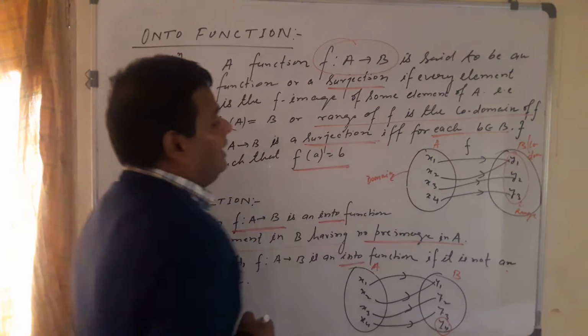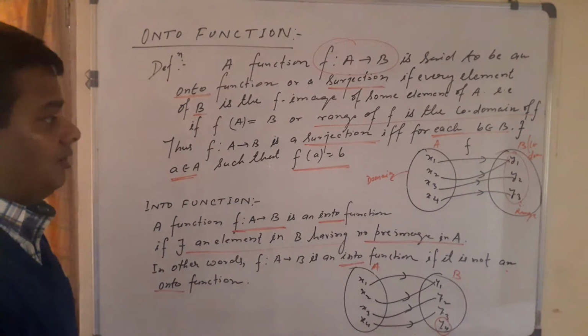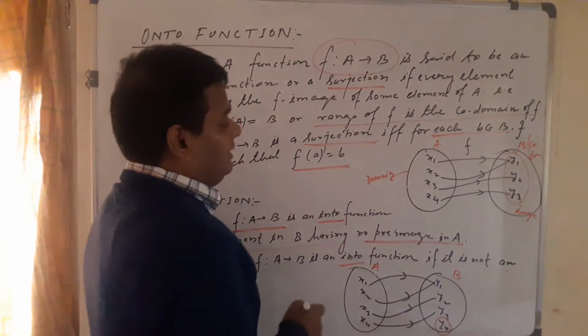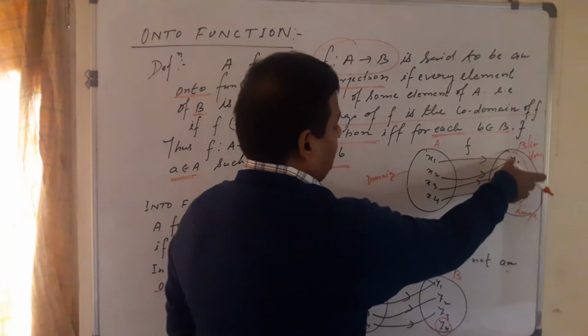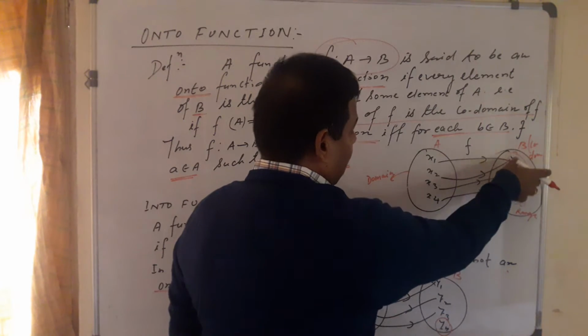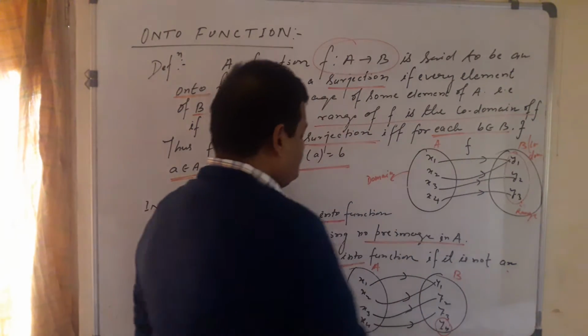The other name is surjection or onto function. Both are the same. So x1, x2, x3 is your domain and this is your range in an onto function.